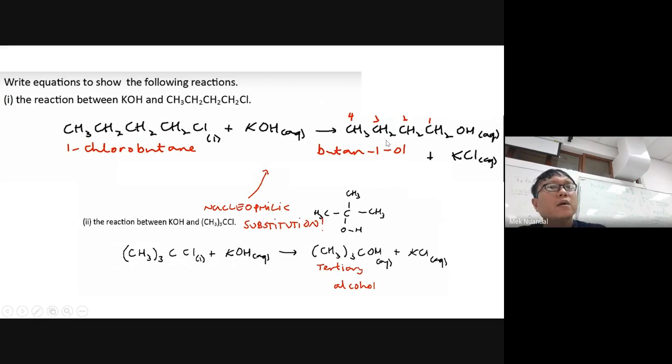Got it? So here, what you do is simply replace the Cl with the OH, and make sure the rest of it is exactly the same as before. The OH is on the position of the first carbon. And then that potassium can get together with the Cl instead of leaving Cl by itself, and you would basically have a side product here, your potassium chloride.